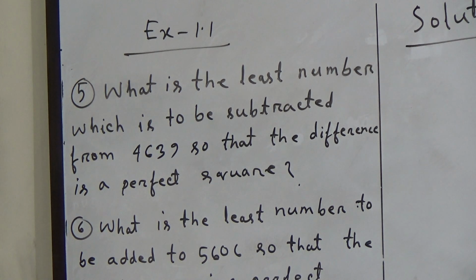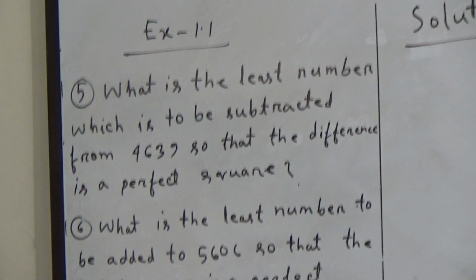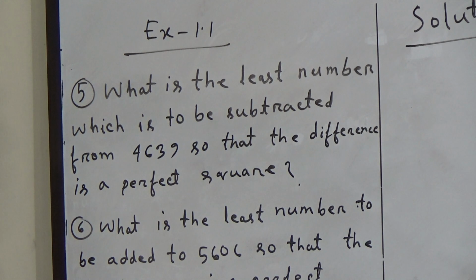We have to subtract a least number so that the number will be converted into a perfect square. Now the question is, which smallest number is to be subtracted from this number so that the number will be converted into a perfect square? Dear students, at first we will try to find out the square root of this number.